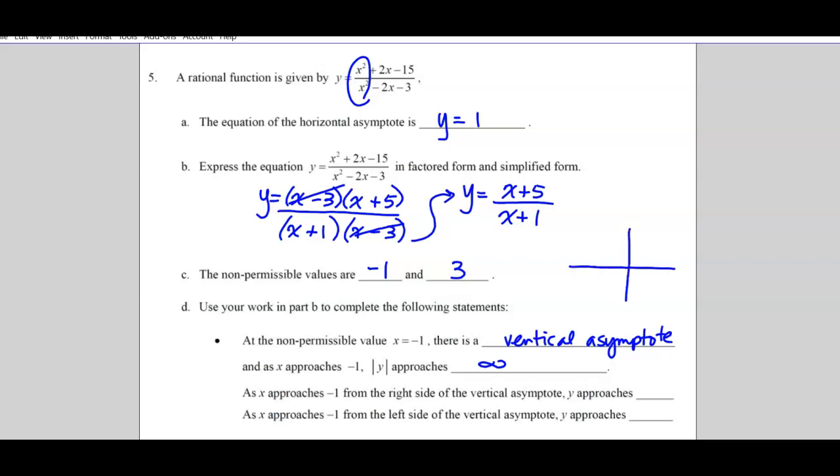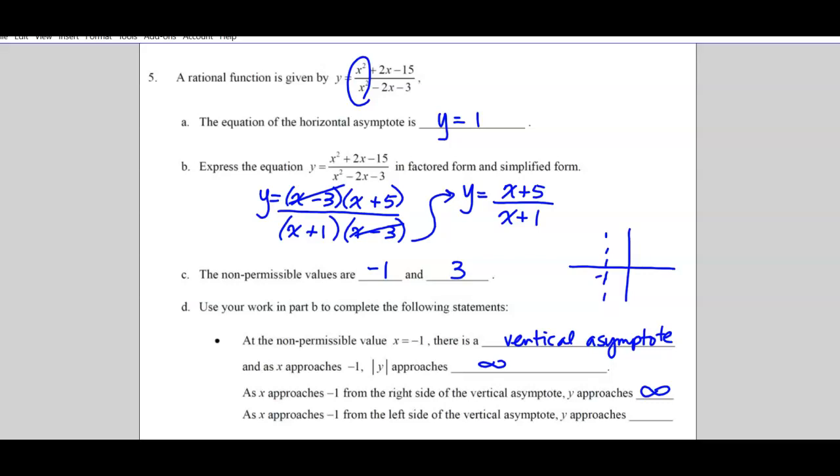From the right side, that would be an x value like -0.99 or -0.9. Think about if you put that value in here. -0.9 plus 1, would that be positive or negative? Positive, and this would be positive, right? Because y really overtakes it. So that's going to give you positive infinity.